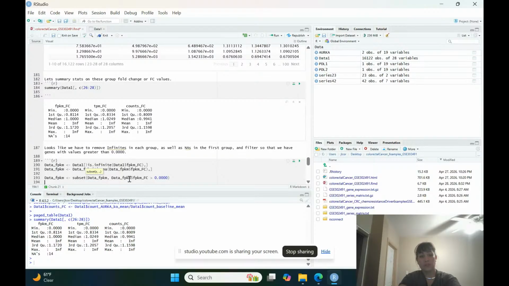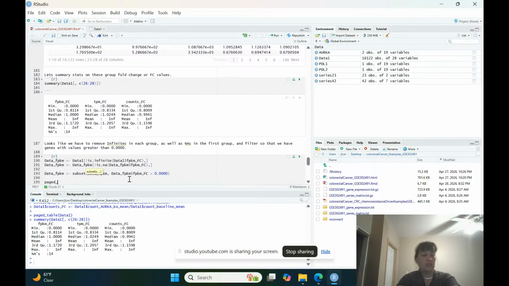Okay. Page table data FPKM. Oh, let's also order it. Data FPKM. All of this lives in this chunk, so it's pretty safe.